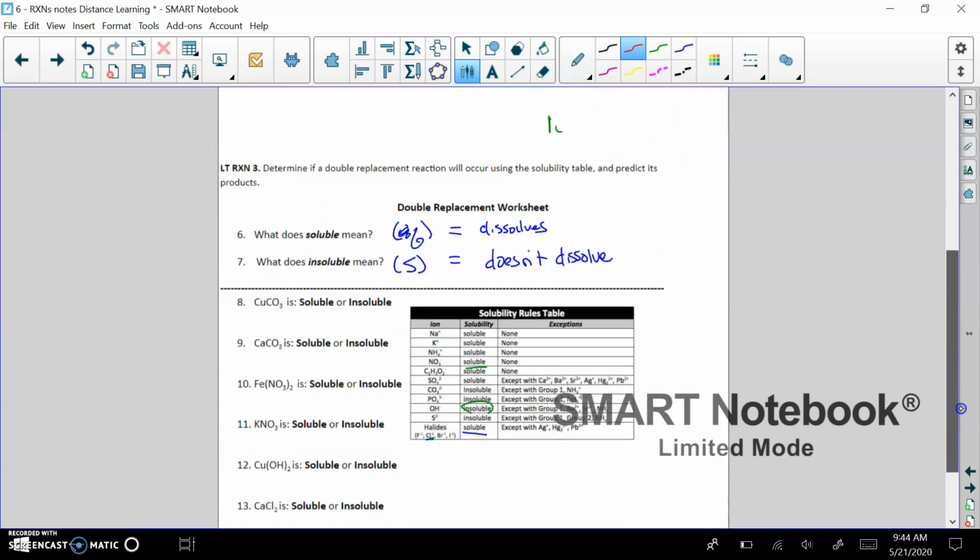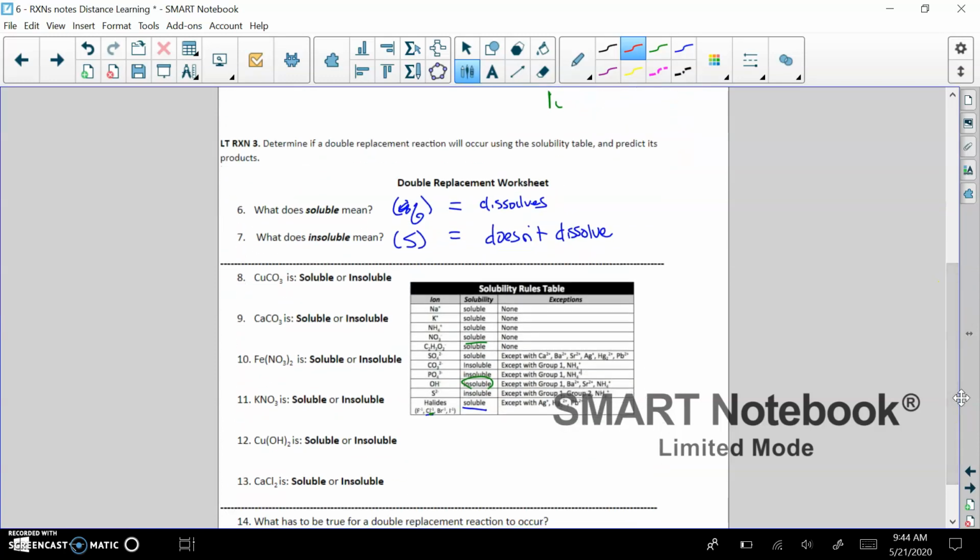All right, so just a couple problems here. Copper carbonate, CuCO3. Is it soluble or insoluble? Well, let me look. If I find carbonate, CO3, it says it's insoluble except with group 1 or NH4. Well, copper is not a group 1 metal, nor is it NH4, so this one is insoluble, which means that it's a solid.